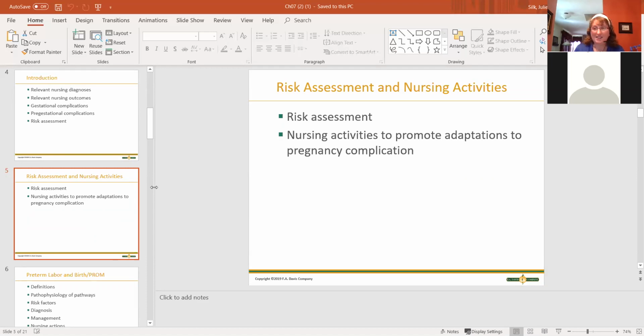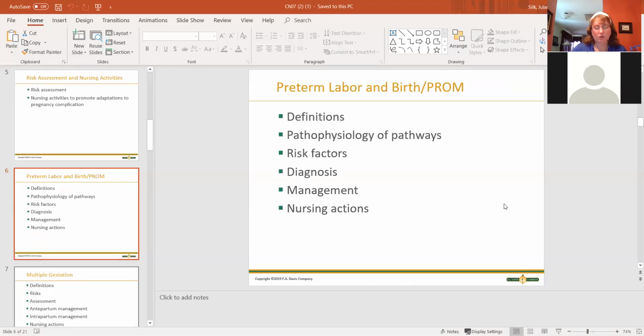Being younger than 18 makes you at high risk, believe it or not. And then advanced maternal age. Mothers who are older are definitely at high risk. When I had my second pregnancy, they considered me high risk even then because of my age, and I wasn't even that old. It was crazy.